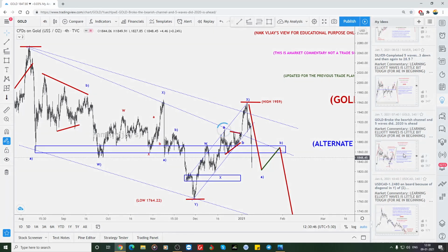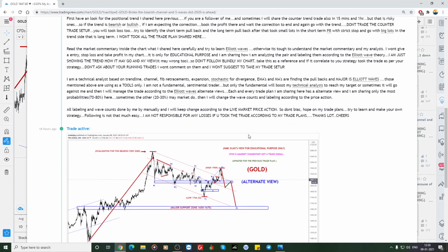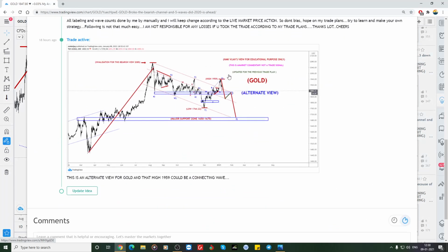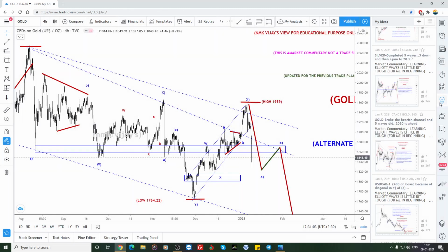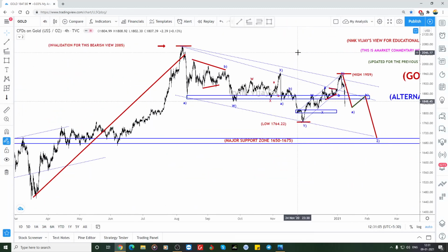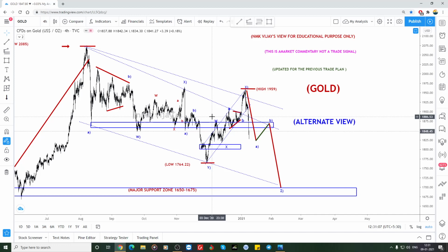But once I got that idea, immediately I updated, and it has not yet broken the X. So you need to be very careful while analyzing the pairs. Don't be biased toward anybody.